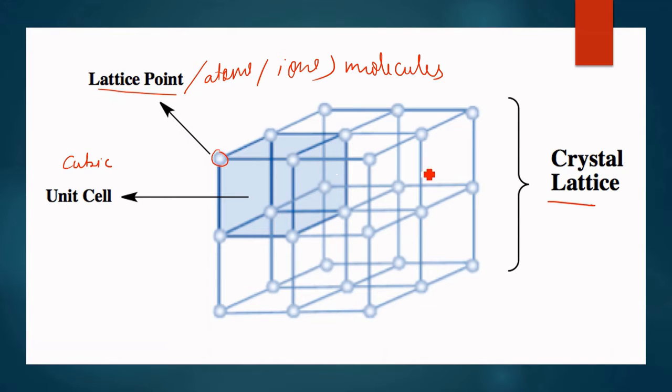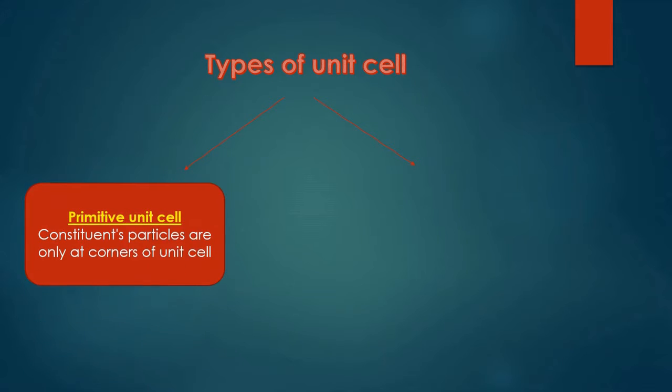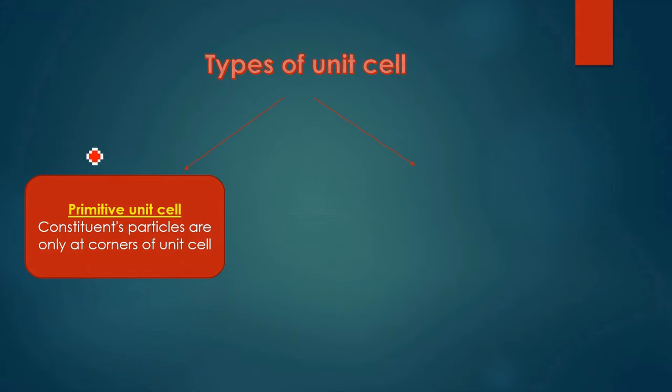So crystal lattice is a regular repetition of unit cell throughout in all possible direction, and the lattice points of a unit cell are occupied by the constituent particle. So let's move to the next topic. Unit cell is basically categorized in two types. First, primitive unit cell. It is also termed as simple unit cell.